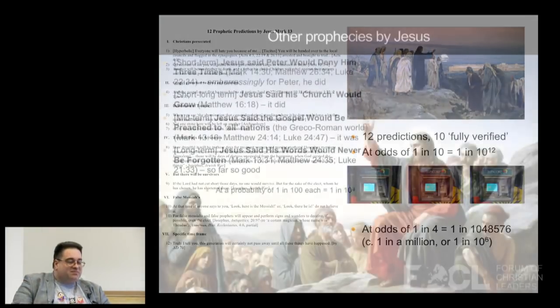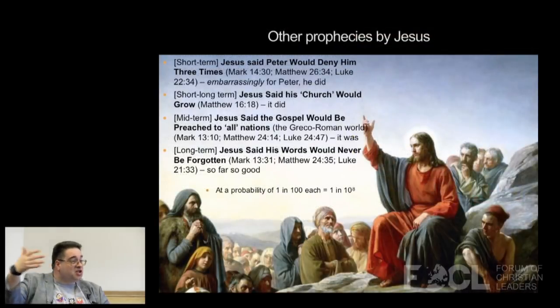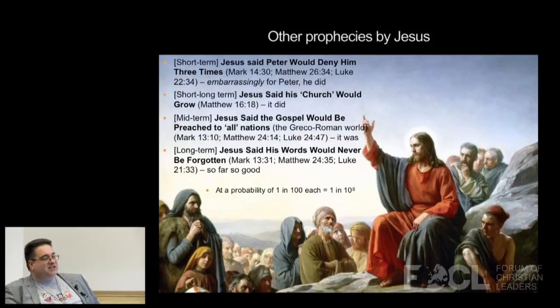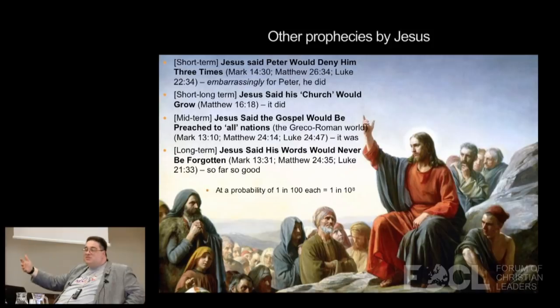Jesus made other prophecies, both short and mid and long term as well. Give these a slightly more realistic, but still generous 1 in 100. That would give you odds of 1 in 10 to the 8 for these. So combine those together, even more. Load those on top of the ones that we've already looked at for the messianic fulfillments.